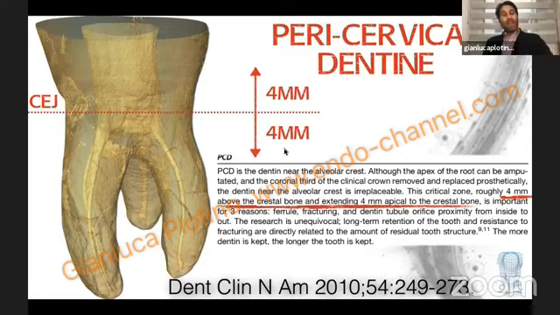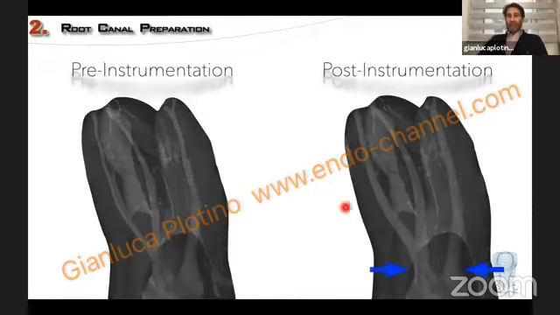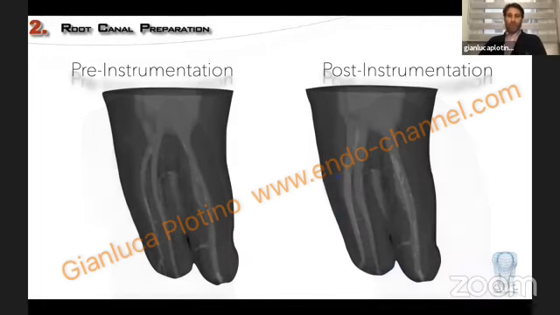So minimally invasive endodontics lays more on this area rather than the occlusal surface, because maintaining such dentin here will improve the prognosis of your treatments and the strength of your teeth. This is the golden area of your teeth, and you can clearly see when you have a failure.